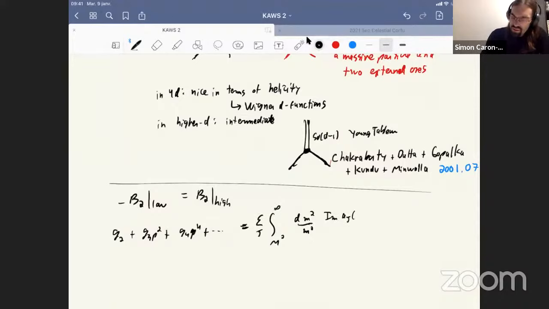It's going to be a lot of factors, times basically a Legendre polynomial of 1 minus 2p squared, divided by some power of m squared.